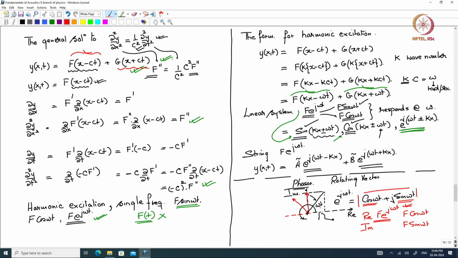Which rotates with time, okay, and its projection constantly changes, just as cosine omega t and sine omega t change their values with time. Okay. And this angle is the phase angle, omega into t is the phase angle. Okay. So, now this is just a mathematical idea.